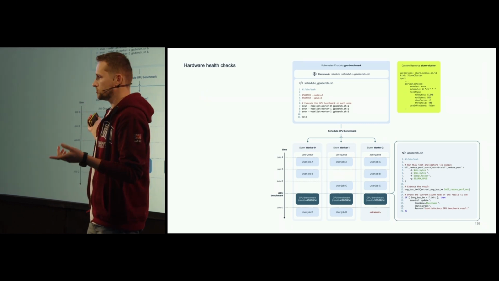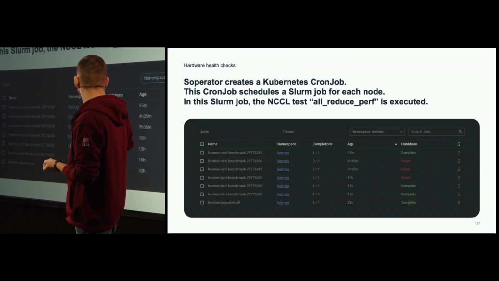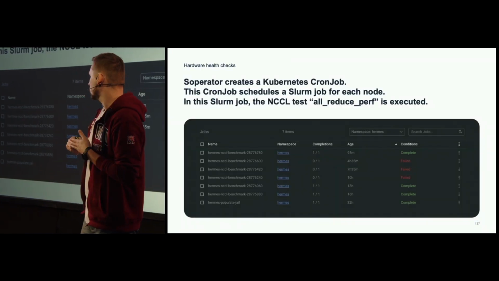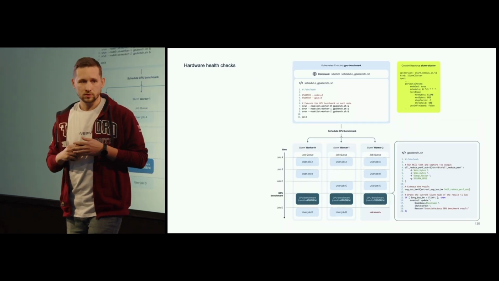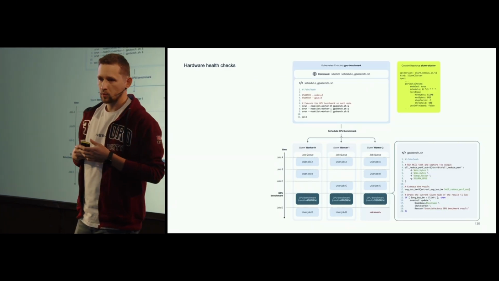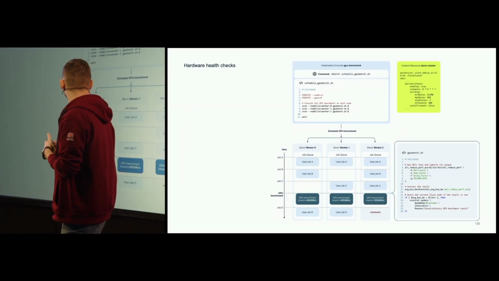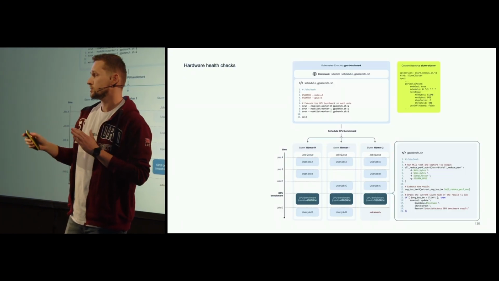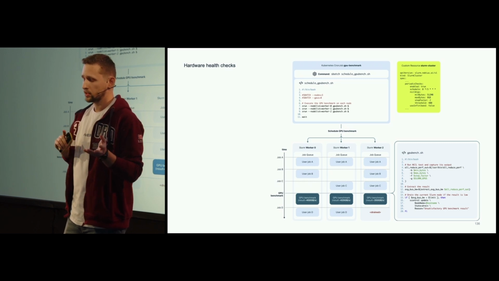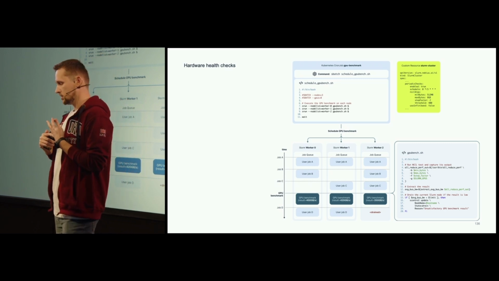From the Kubernetes perspective, it's just a cron job. For Slurm, it's just usual Slurm jobs. But also, we don't just run periodic checks. Soperator can understand what happened for another reason.